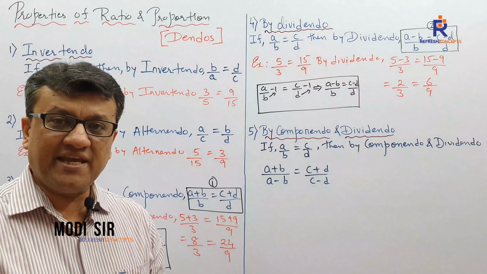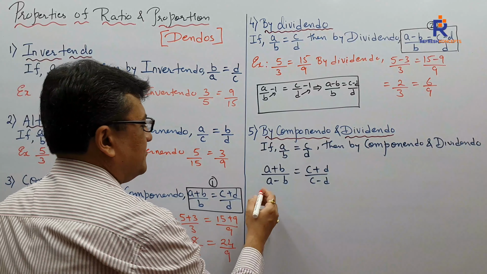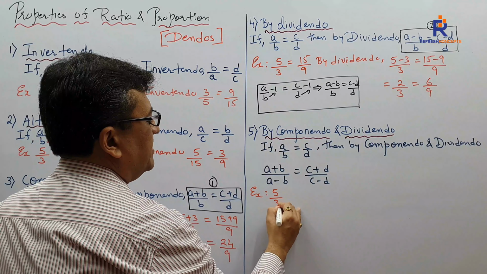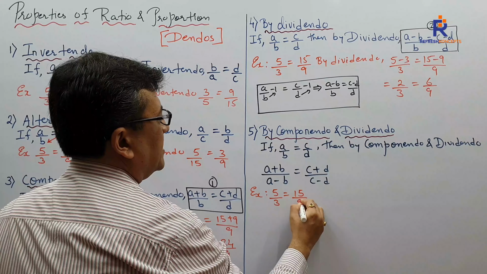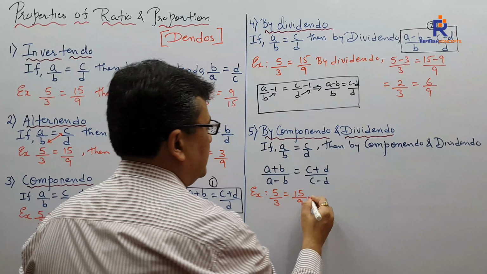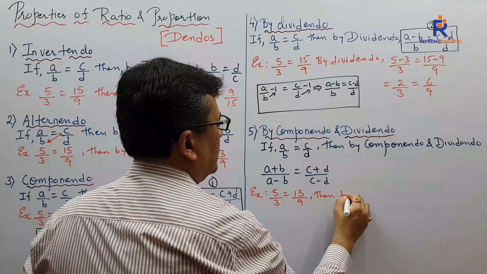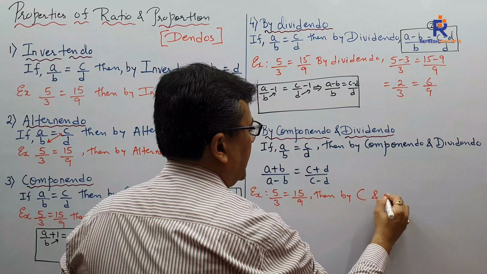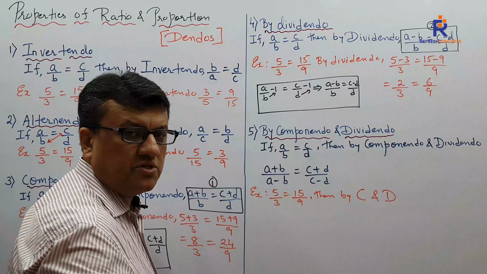Right? Let's take again an example, the same one. Example: 5 by 3 is 15 by 9. Then by componendo dividendo, I'm just writing a shortcut, C and D. You need not write this down, please.